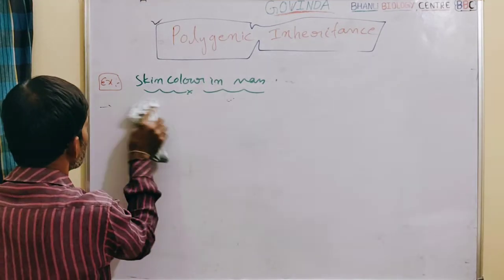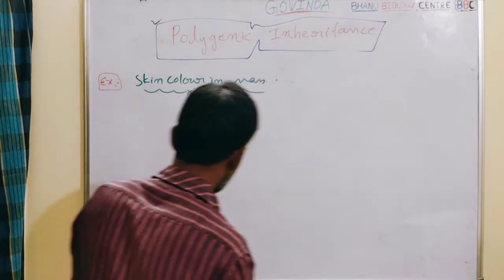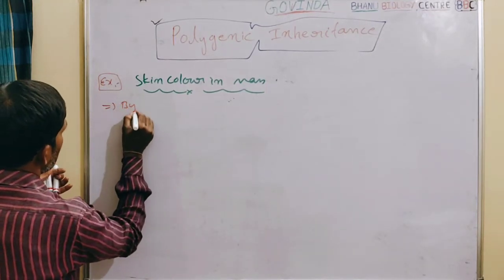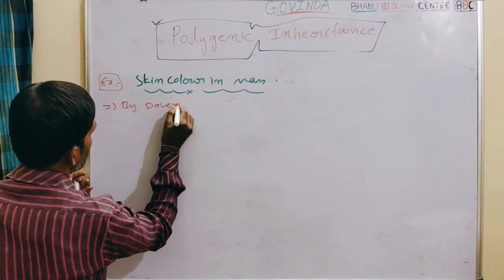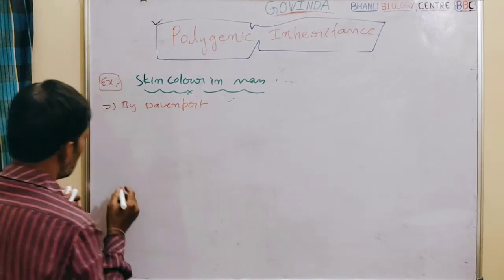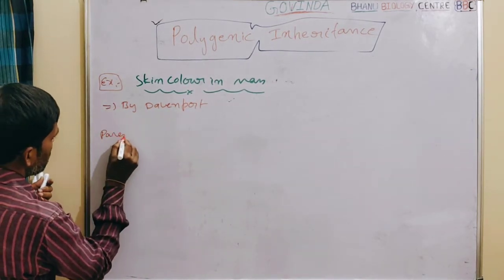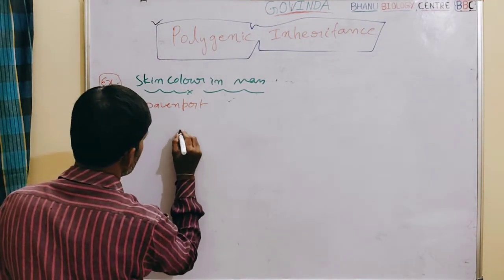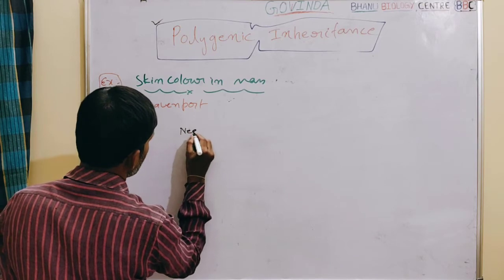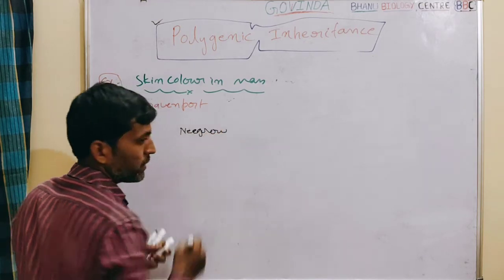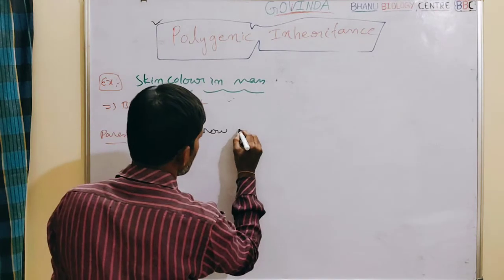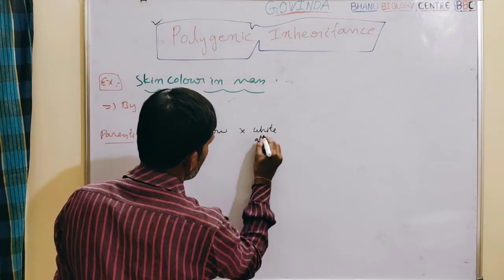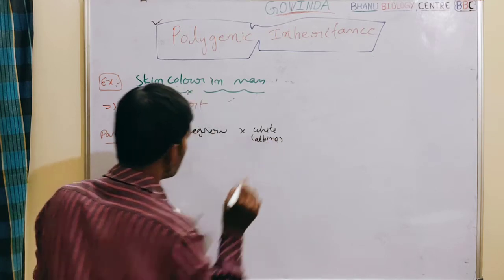This example was observed by Davenport. Parents for the experiment: one parent is the Negro race versus white, that is albino.